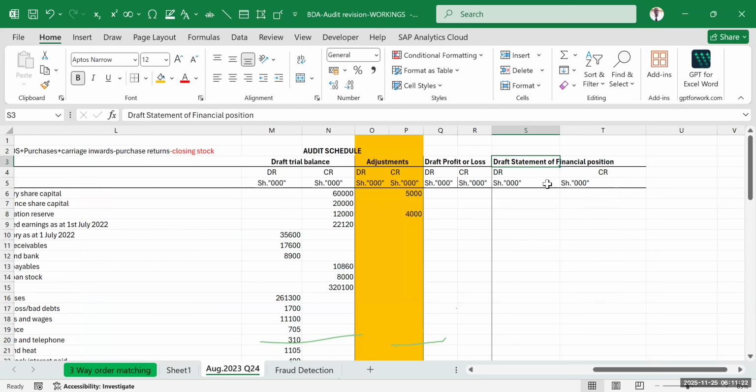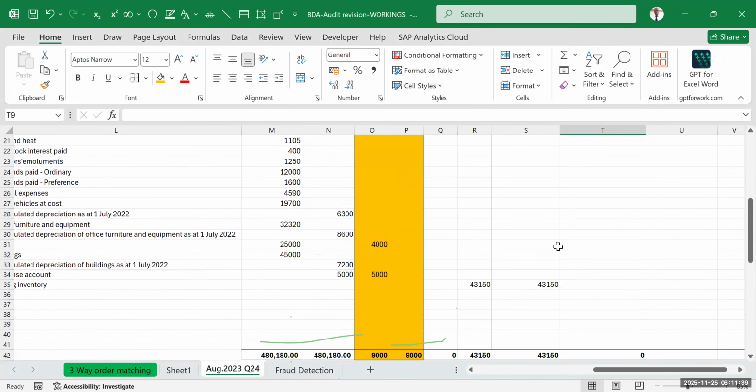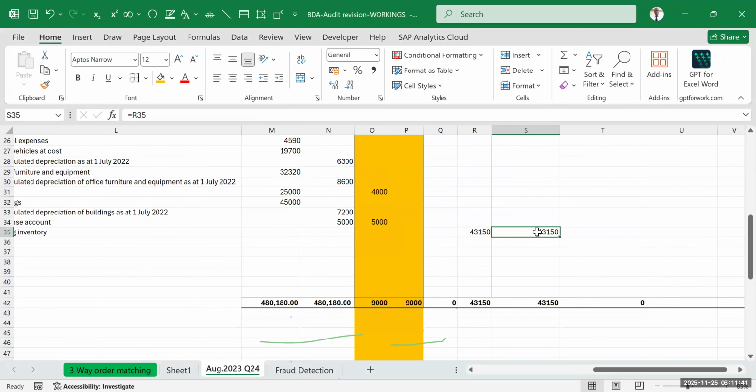The inventory figure taken to the balance sheet is always the closing inventory figure. I believe that is a basic rule that all of us normally know. That's why we have debited, and you know inventory is a current asset, that's why we've debited the balance sheet with it.